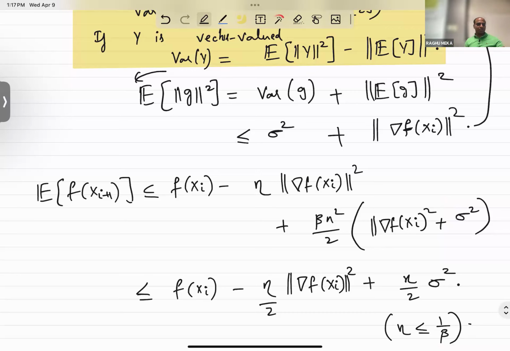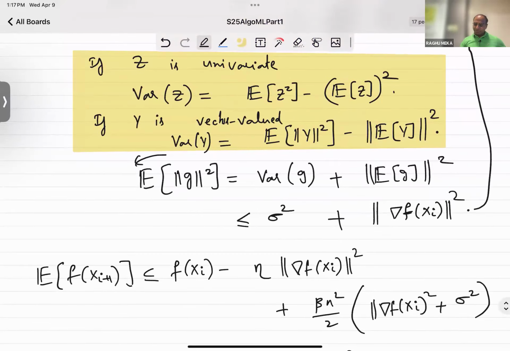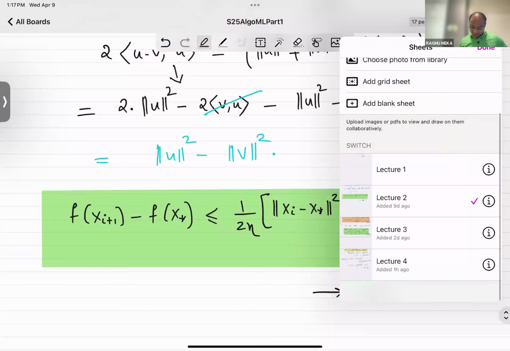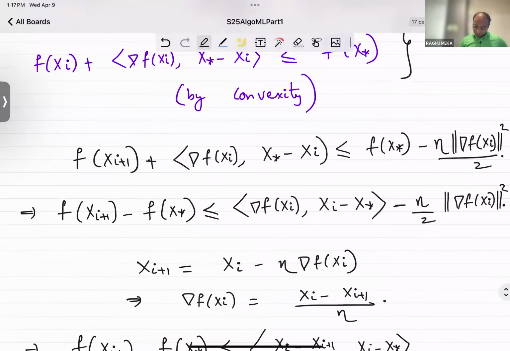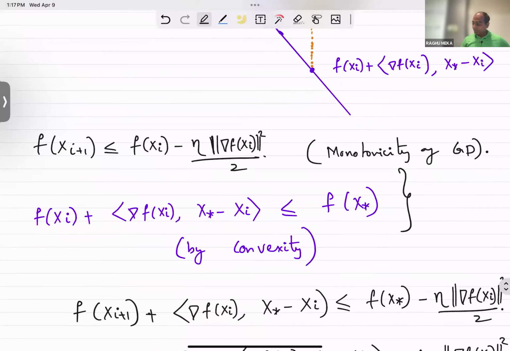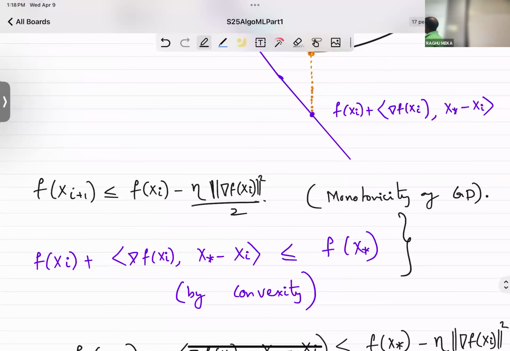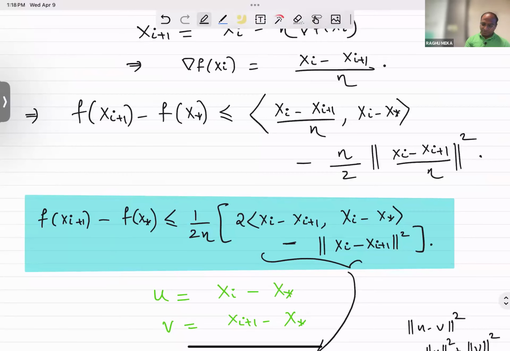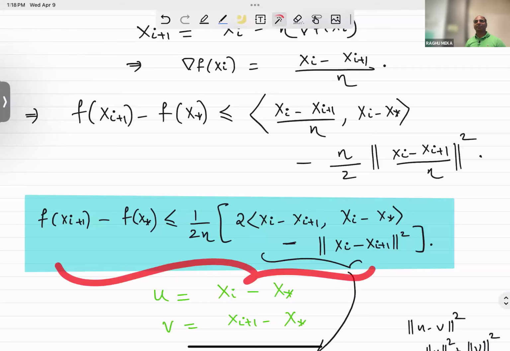All right, so we have this approximate monotonicity. And with the approximate monotonicity, you can really mimic the same analysis that we did a couple of lectures ago. Okay, so if you go back to the proof of gradient descent, we started out with this and this inequality. We added them up, simplified things, and got, several lectures ago, this expression, right?